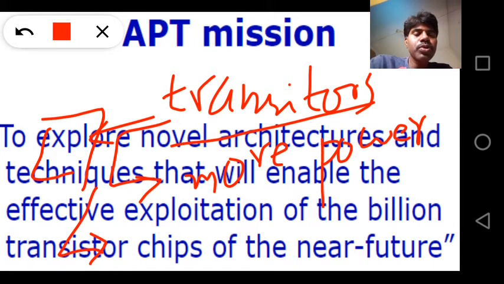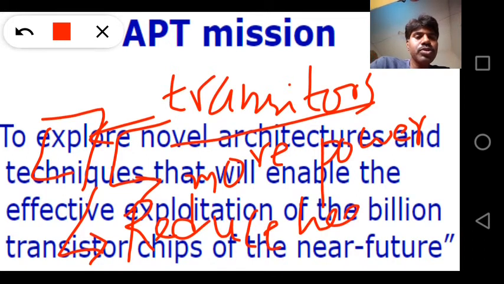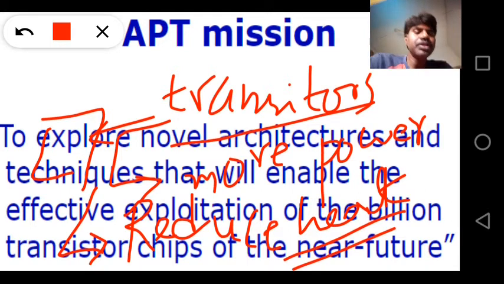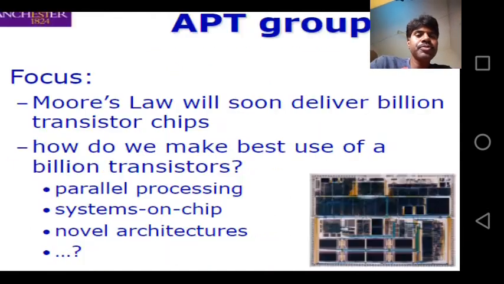And also, when you deploy billions of transistors in a single processor, they generate heat. So it is also a goal to reduce the heat generated by these billions of transistors.